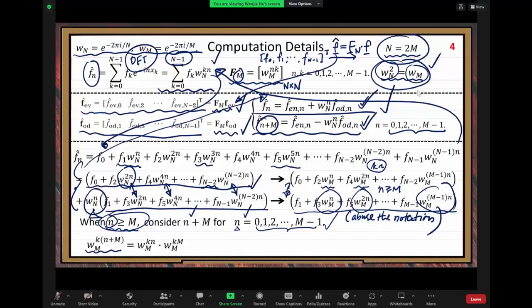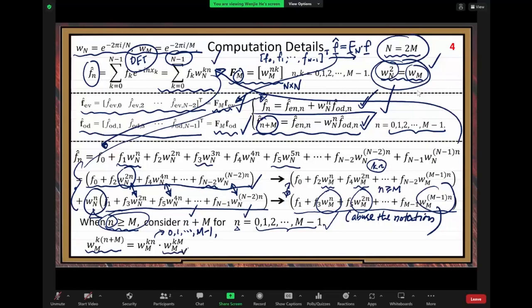When we split in this way, the first little n is in the range 0, 1, up to capital M minus 1. And the second part is so special. How special is it?